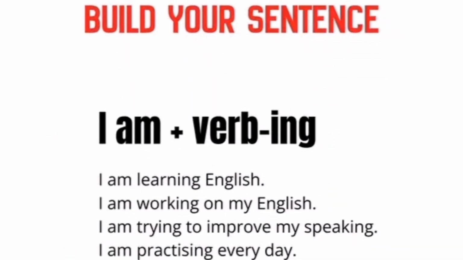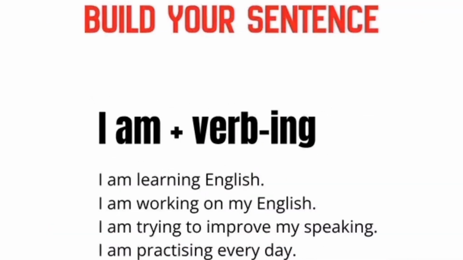Build your sentence. Okay guys, now let's look at how you can describe what you are doing. Yes, by using this formula: I am plus verb plus the ing form. It's I am plus verb, then adding the ing form at the end.